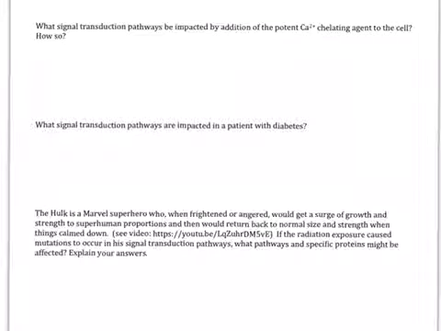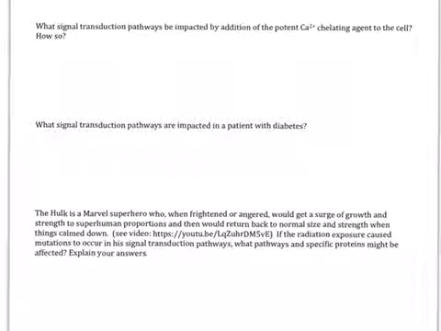A chelating agent is an agent that holds on to or binds to another, usually a metal. There's several metal chelating agents, and many of them are actually pretty effective at chelating calcium.